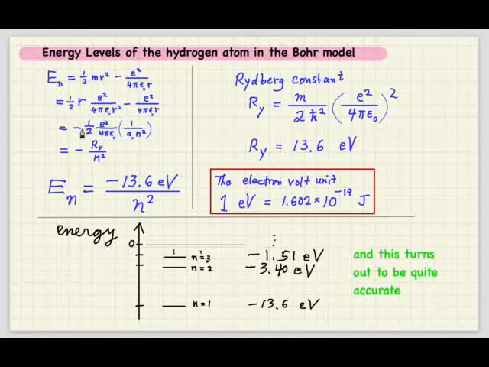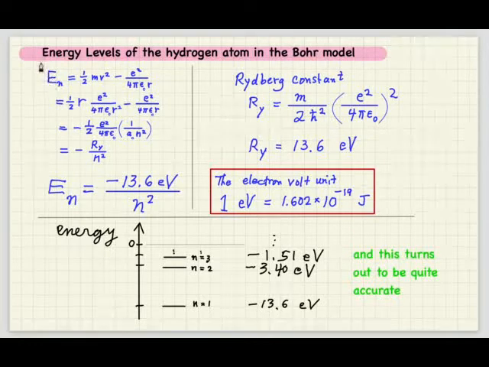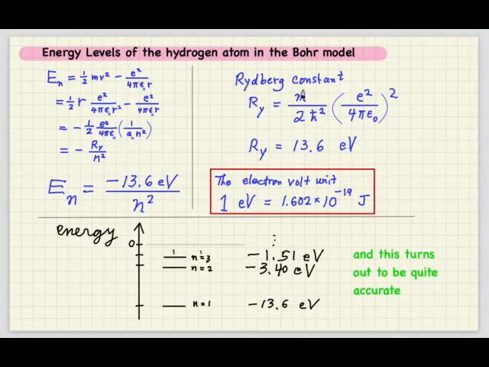So you have negative energies. That says the electron is bound to the proton, can't escape to far distances. And is proportional to 1 over n squared. And this constant of proportionality we call the Rydberg, Ry, or the Rydberg constant, named for Swedish physicist Rydberg.